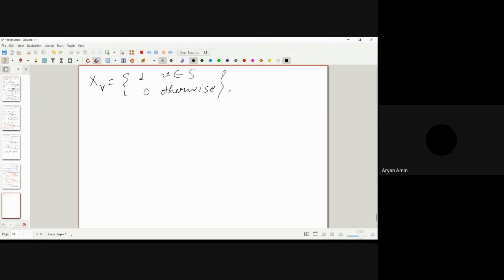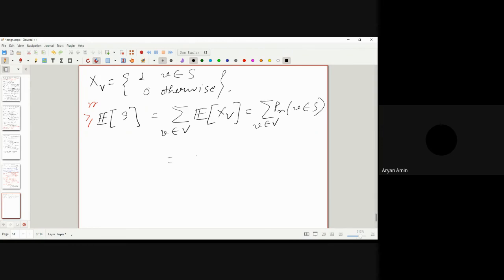Now recall that the size of S is at most R, because you cannot have an R plus one sized clique. So R is at least the expected value of S, and this is the summation over v belonging to V. This is just linearity of expectation. So this is the summation over v belonging to V of the probability that vertex v belongs to S. Now, what is the probability that vertex v belongs to S?